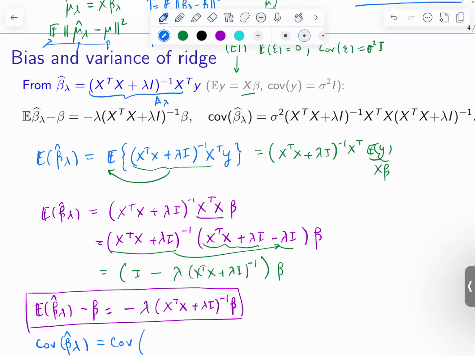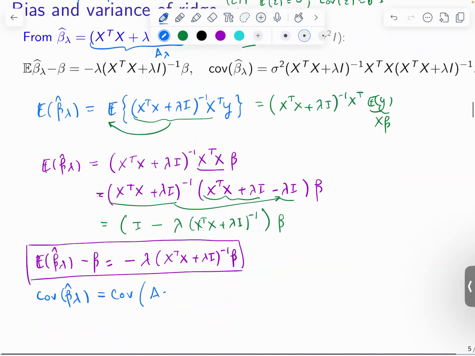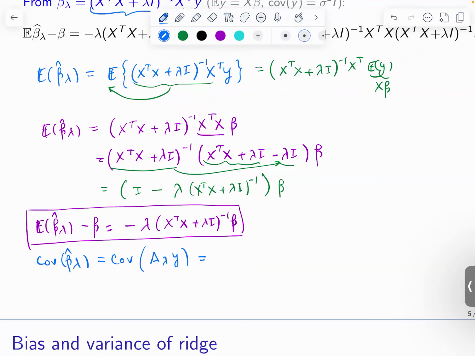So the ridge estimator is really A lambda times Y. You can see it's a linear estimator. Hopefully everyone knows how to calculate this. A is a fixed matrix, and this formula you've seen many times now. The covariance of A lambda Y would be A lambda times the covariance of Y times A lambda transpose. And this is just sigma squared I, so you get sigma squared A lambda A lambda transpose.